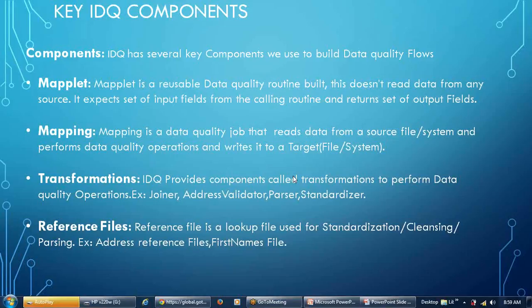Yeah, we will look into those details in the next sessions. So coming back to your question, in IDQ you can use it in two ways. One is for one-time cleansing, where you just talk to sources, do some data quality operations, load the data to the target, and you're done.